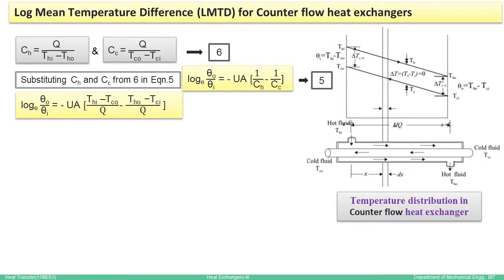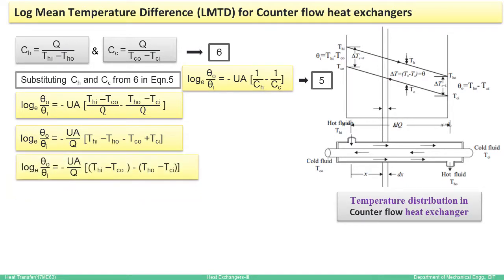we get log of theta o by theta i to the base e is equal to minus UA into [(Thi minus Tco) by q minus (Tho minus Tci) by q]. We can simplify in the same manner as we did for the parallel flow heat exchanger, rearranging the terms. This time theta i and theta o are different, so we arrange these temperature terms so that they form a group, the temperature difference.